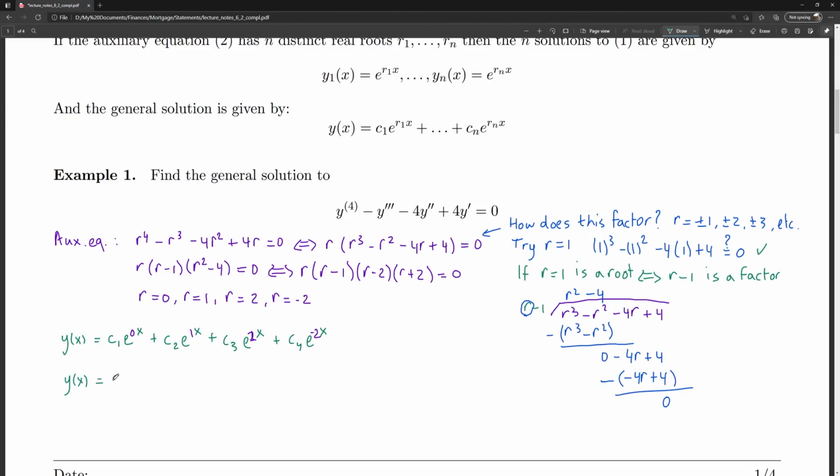So this is C1 plus C2 e to the power x plus C3 e to the power 2x plus C4 e to the power negative 2x. And that is our final answer.